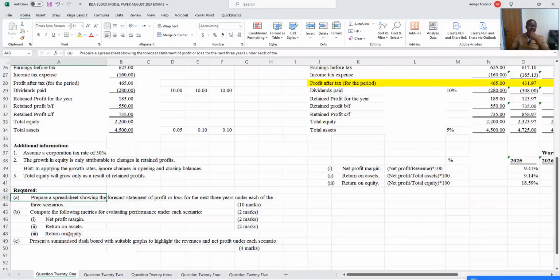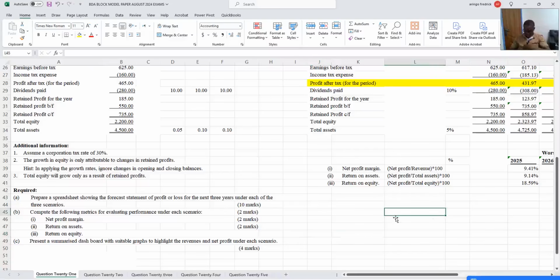The other part, the good examiner wants us to present a summarized dashboard with suitable graphs to highlight the revenues and net profit under each scenario. Revenue and net profit under each scenario. So how will we go about it? That will be, of course, easy.